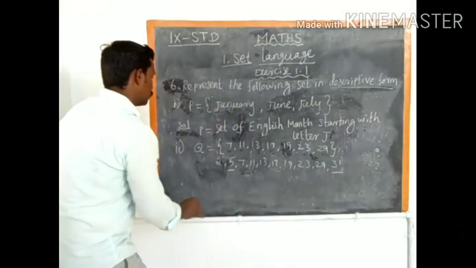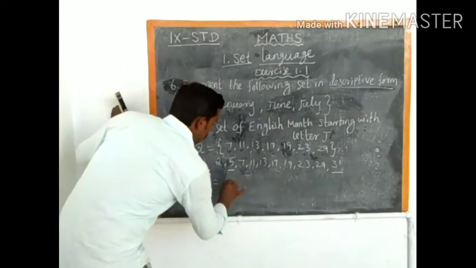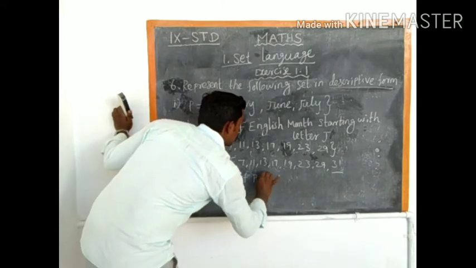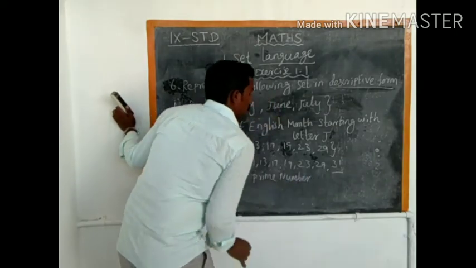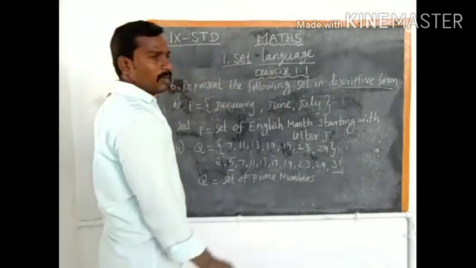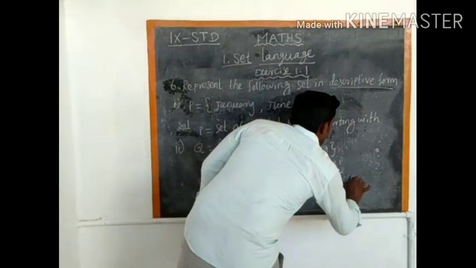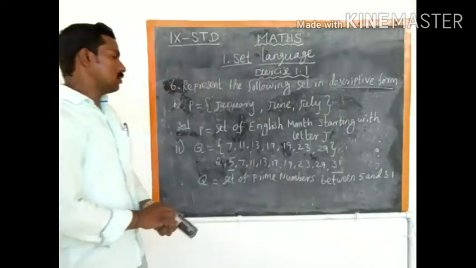Okay. So the result is Q is equal to the set of prime numbers between 5 and 31. Okay, this is your result.